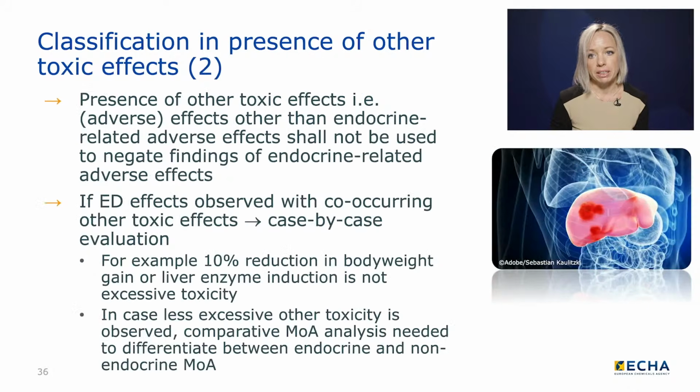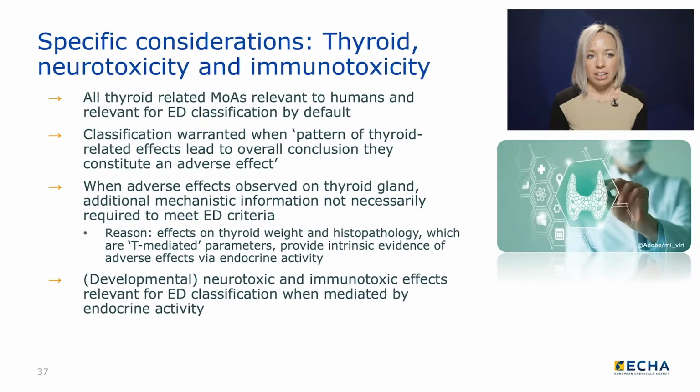And shortly giving some examples on that, for example, 10% reduction in body weight gain or liver enzyme induction is not excessive toxicity. So if ED effects occur in the presence of less than excessive toxicity, a comparative mode of action analysis is again needed to dismiss the ED effects. In the guidance, we have dedicated sections for thyroid, neuro, and immunotoxicological effects, since they are closely related to endocrine disruption.